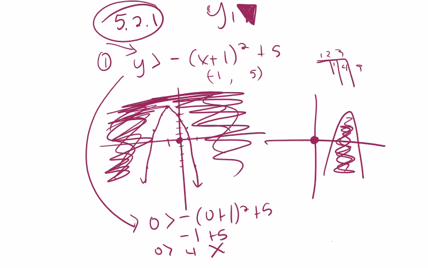Or you could graph them and see which ones match. That would work too. But let's do this. So negative 18 over 2 times 3 is negative 18 over 6, which is negative 3.